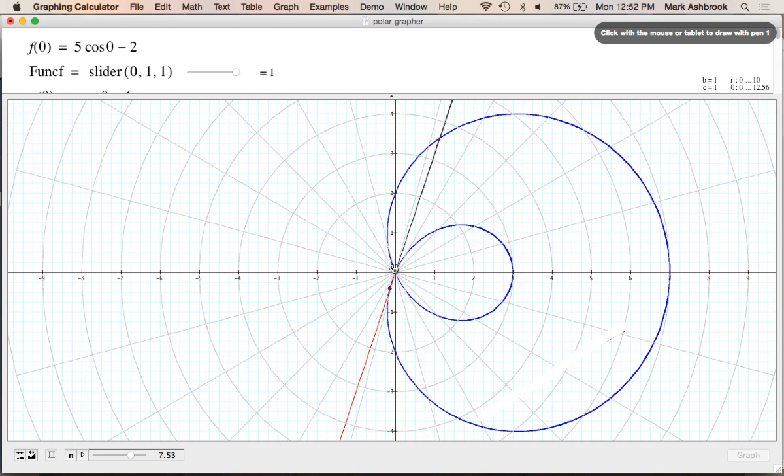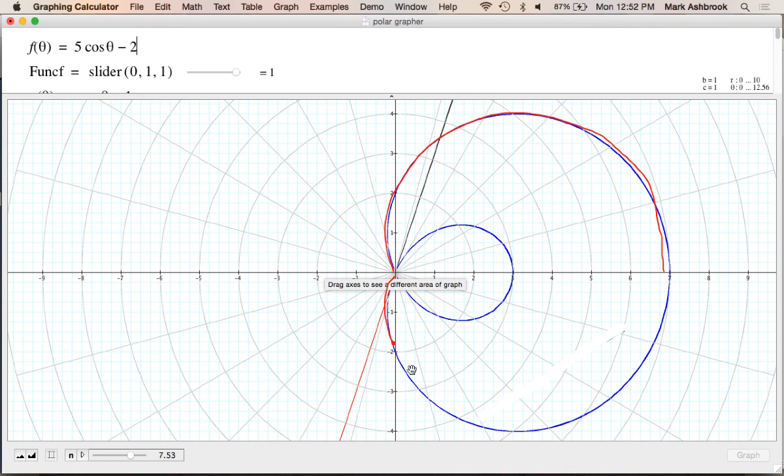I'll make a red outline around it. I want everything inside the red cardioid, or cardioid-like shape. How would I get that? We do the integral of the whole period and then deduct the area of the inside that we already got.